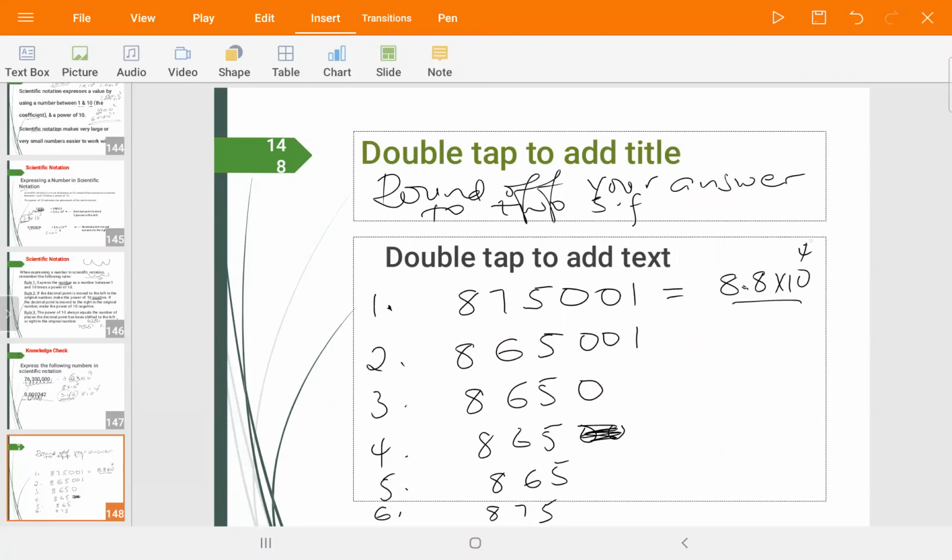Exactly. This 5 is followed by, we have to increase the preceding number by 1 unit. 8.8 times 10 to the power of 5.